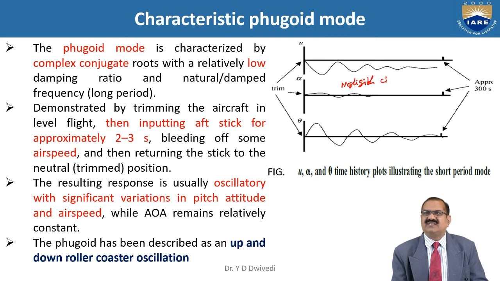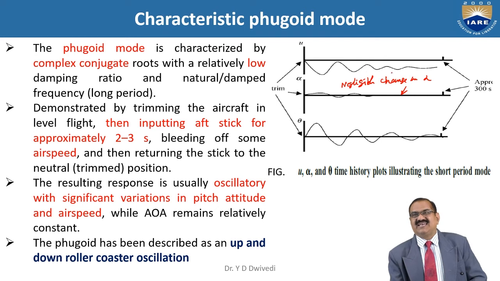Negligible change in alpha in this phugoid case. Very less. But u varies in one direction only. It is not crossing. It is not oscillatory. But it is in one direction, while pitching will be in both directions.